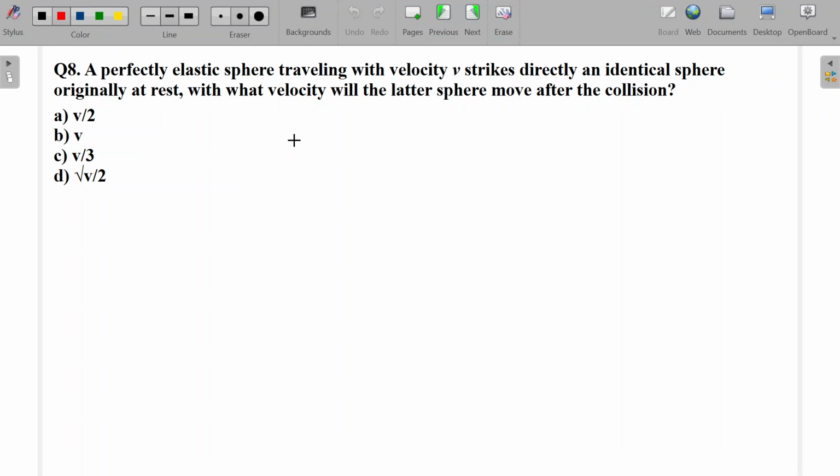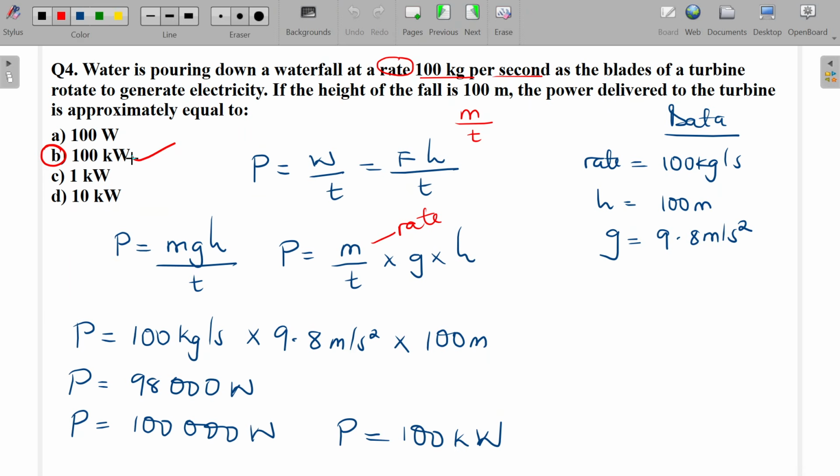Anyone? Okay, so the answer here is v, which is similar to this.